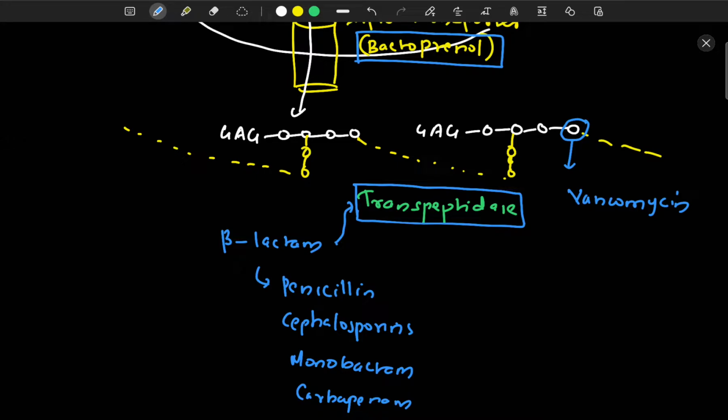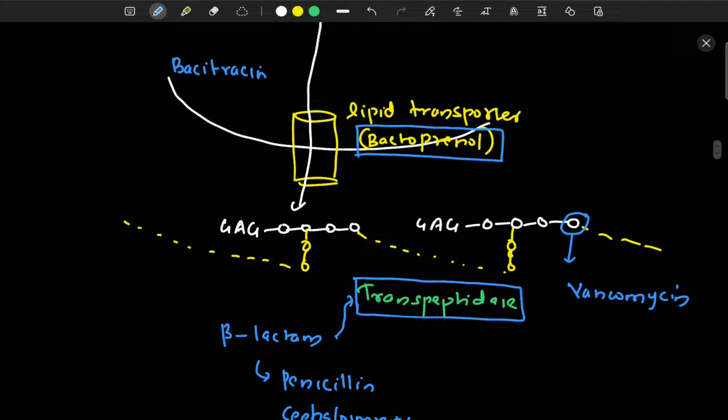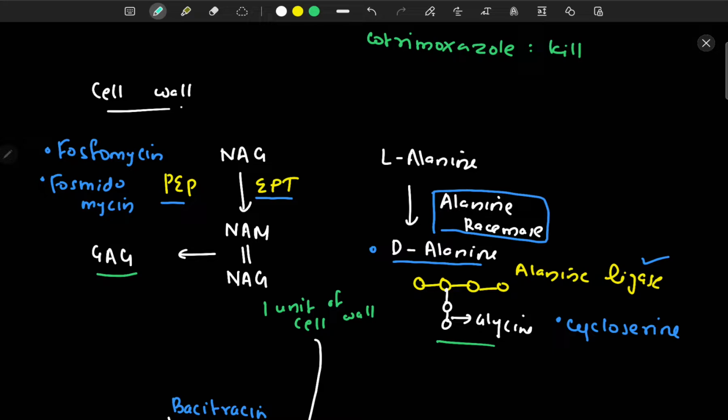So the cell wall synthesis is blocked. So this is how the various drugs are acting. Now I will be going into detail of these drugs. I will be only highlighting the important points regarding these drugs.